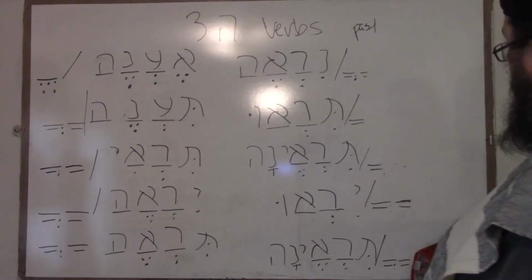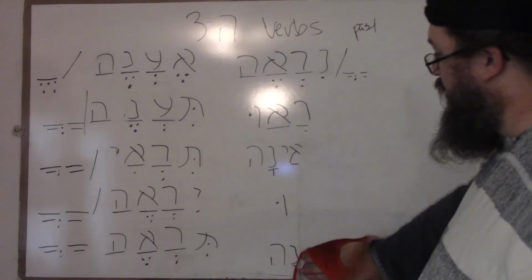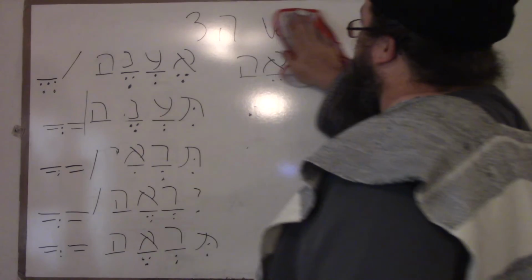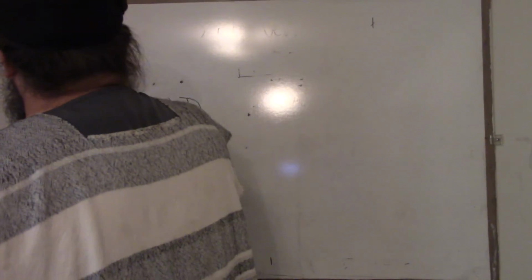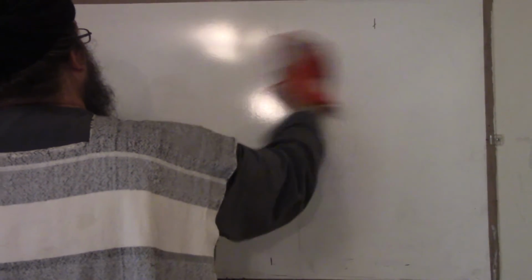So third hey verbs are very important. We're going to have to understand the vowelization differentiation when there's a guttural in the middle, what kind of problems are going to occur with that, whether it's past tense or whether it's future tense.